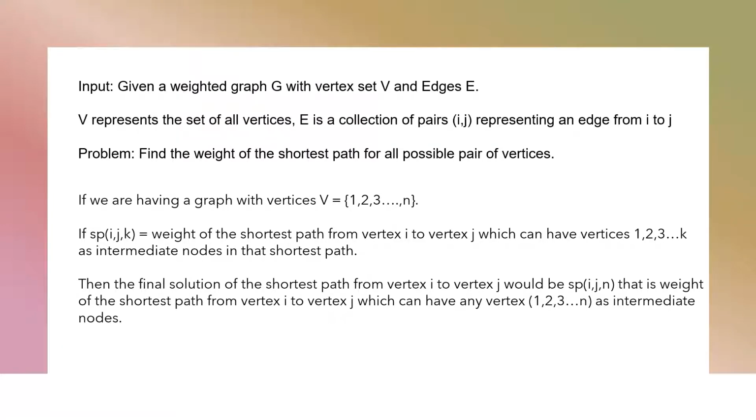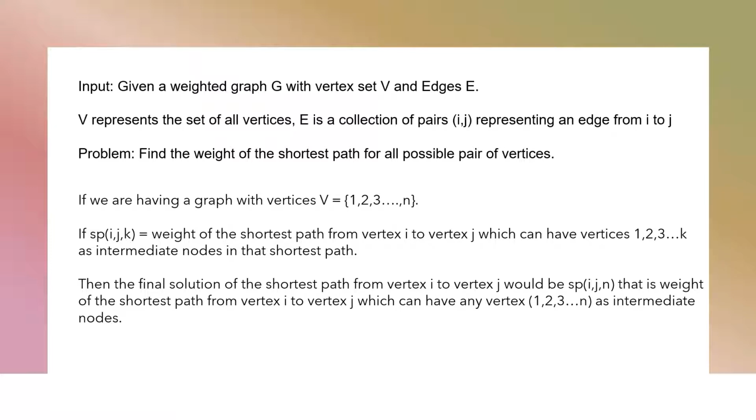So, the input is a weighted graph G with vertex set V and edge set E. V represents the set of all vertices and E is a collection of pairs ij, representing an edge from i to j. The problem is to find the weight of the shortest path for all possible pairs of vertices. Let's assume a graph with vertices 1 to n, and a function sp ijk, which is the weight of the shortest path from vertex i to j, which can have vertices 1 to k as intermediate nodes in the shortest path.